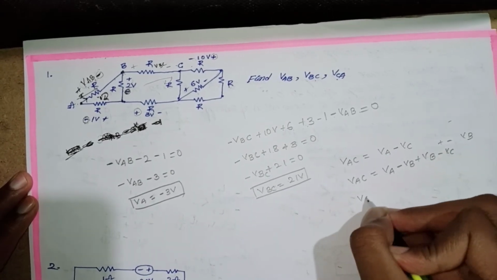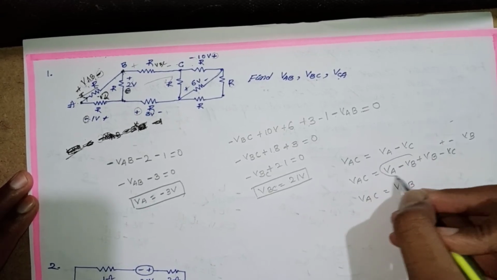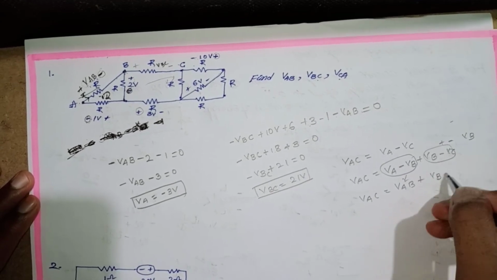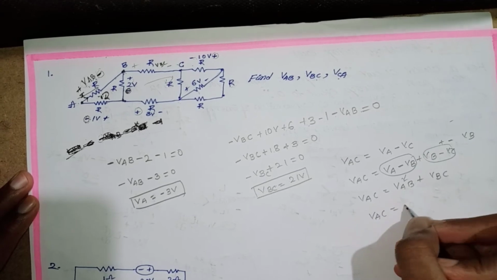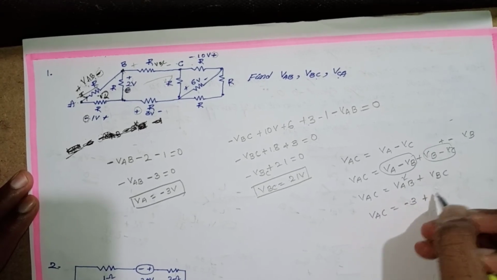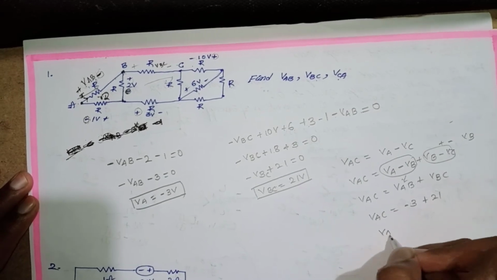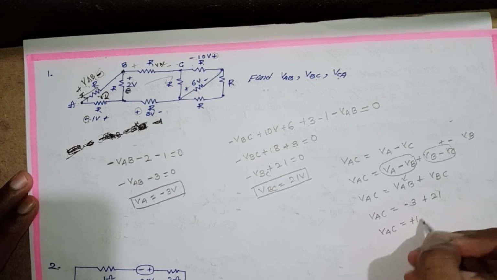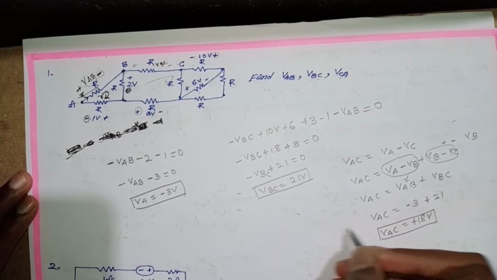That is VAB plus VBC. We get VAC is equal to VAB, minus 3 volt, plus VBC, which is 21 volt. VAC is equal to plus 18 volts. This is the answer of this question.